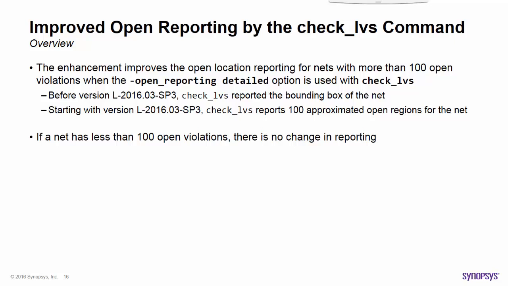Until previous releases, it only reported the B box of the net instead of all open regions. With this enhancement, now the check_lvs reports 100 approximated open regions for the net with more than 100 open violations.